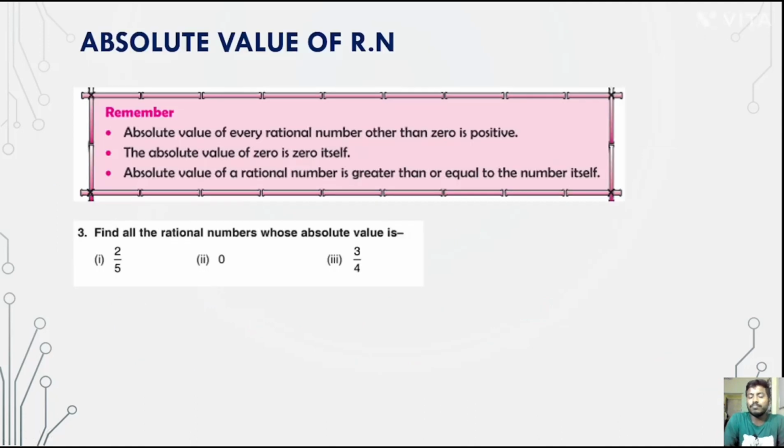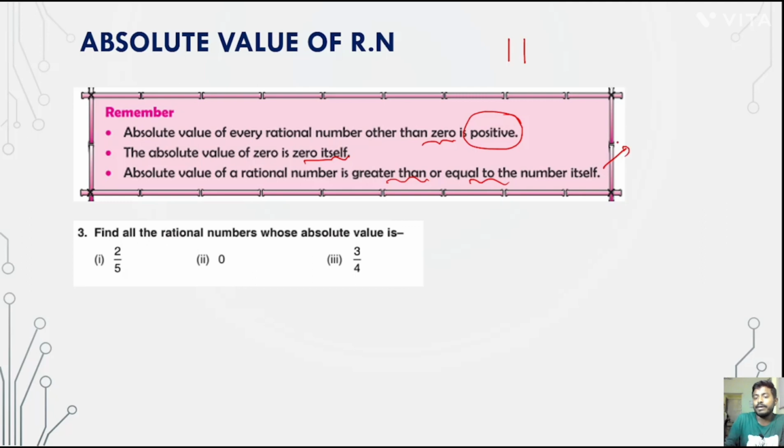absolute value of a rational number. Next concept is absolute value. First, remember the sign of absolute value is a double vertical line, and the absolute value of every rational number other than 0 is positive. The absolute value of 0 is 0 itself. Absolute value of a rational number is greater than or equal to the number itself.